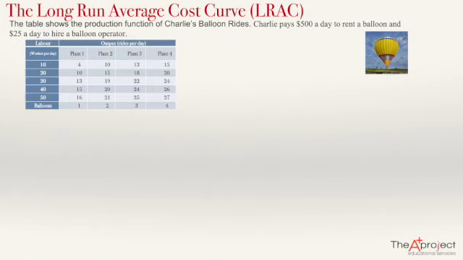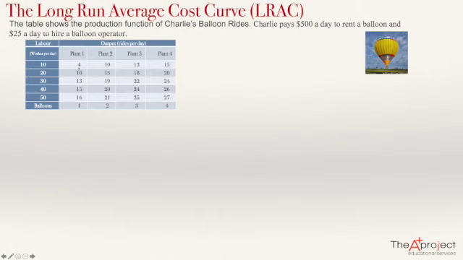A table like this shows me the production in the long run. We are assuming that there are two factors of production, labor and capital. Let's see here the number of balloons Charlie is using. The number of balloons is a variable, and the number of workers per day Charlie is using is another variable.